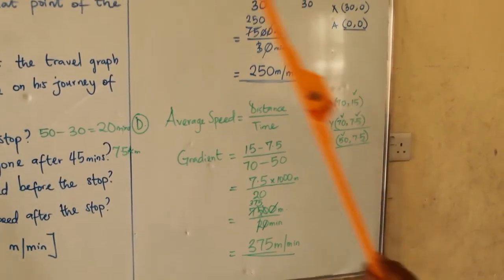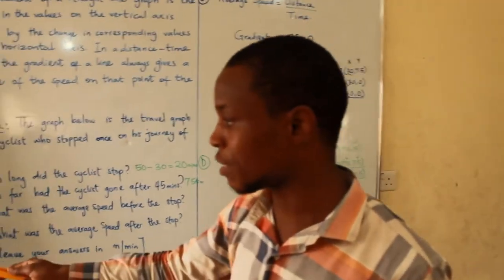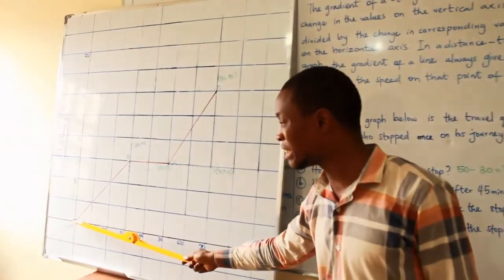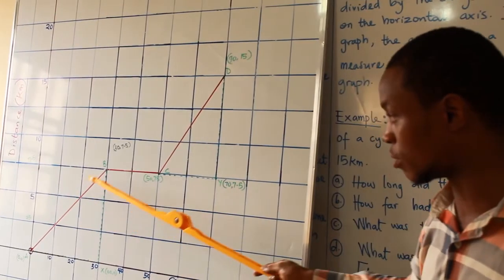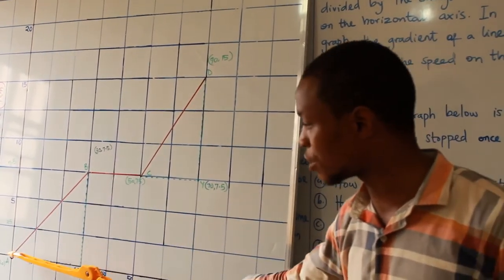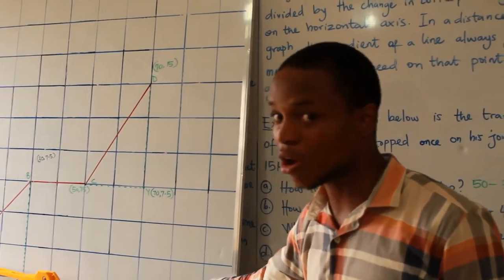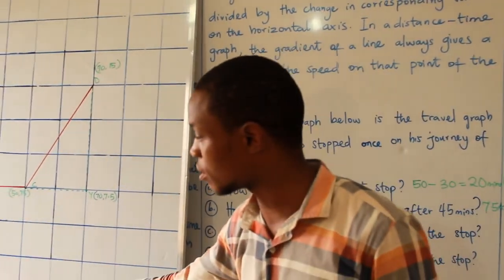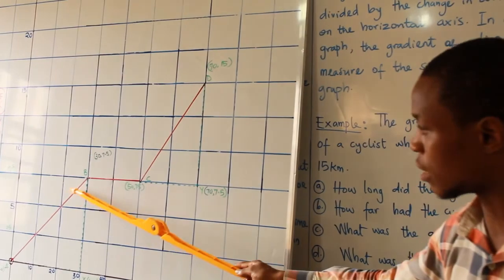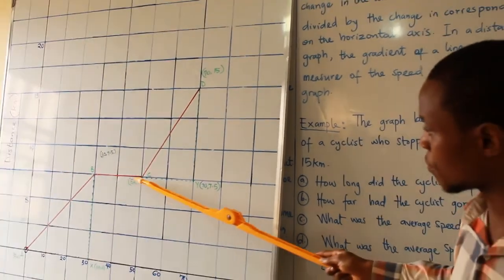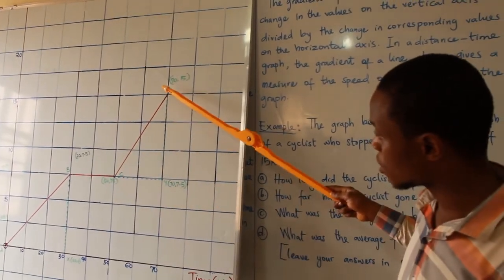And this is because of the gradient, because of the degree of inclination of the graph. Now from this, you'll see that there is a gradual slope, while from this point it is a steep slope.